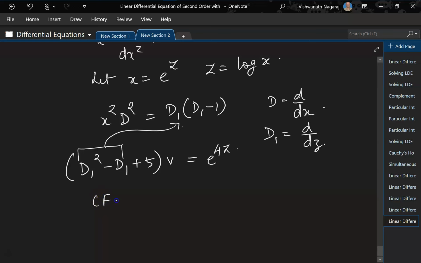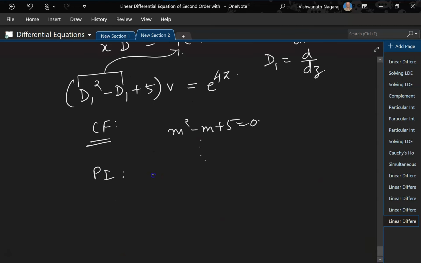Complementary function: to figure that out, we write the auxiliary equation, so m square minus m plus 5 equal to 0, right? And we solve that. Then we figure out the pi. So to figure out pi, we will be doing 1 by D1 square minus D1 plus 5 e to the power of 4z. That we will solve and we'll arrive at the solution.